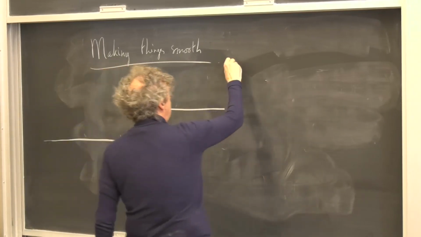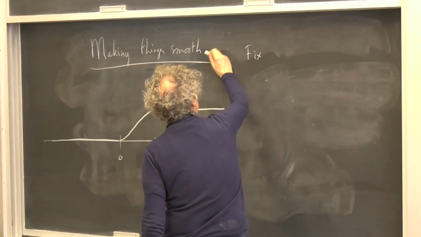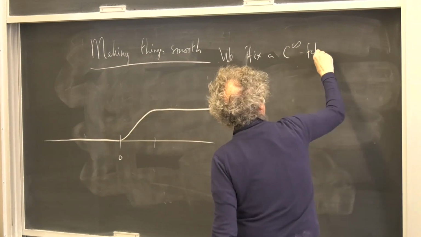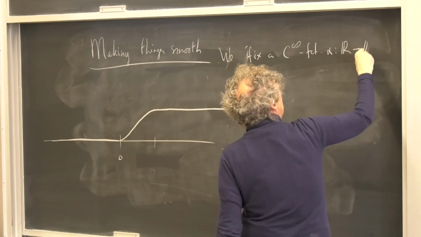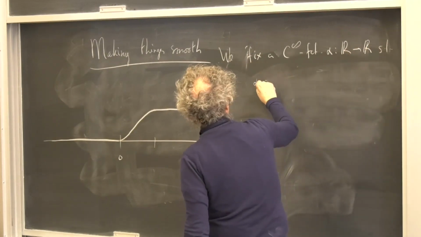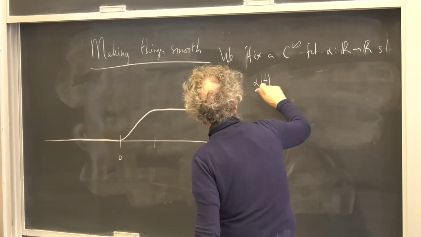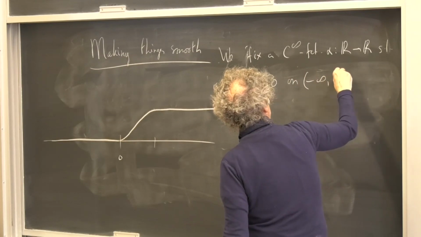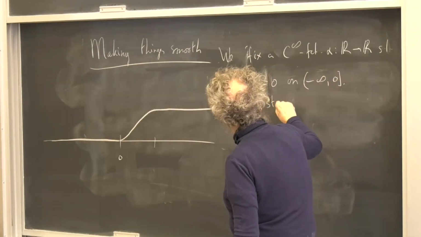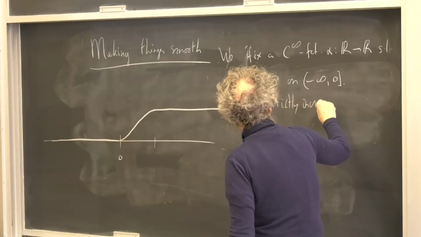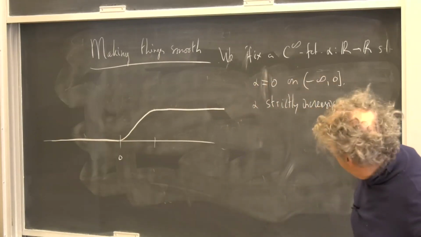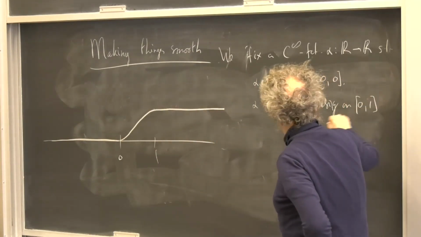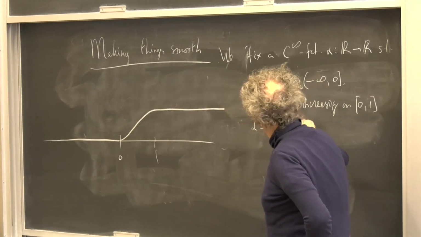So fix a C infinity function alpha from R to R, such that alpha is 0 on minus infinity to 0, alpha is increasing on from 0 to 1, and identically 1 afterwards.